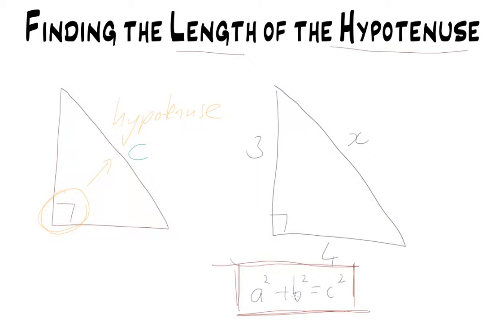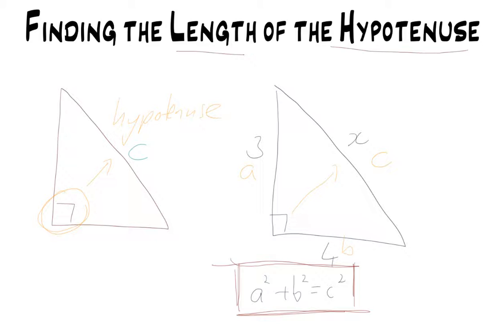A is a side, B is a side, C is a side. Labeling it correctly: opposite the right angle was our hypotenuse, and last lesson we said this is C. It's still the same today. The other sides, it doesn't matter, are A and B.